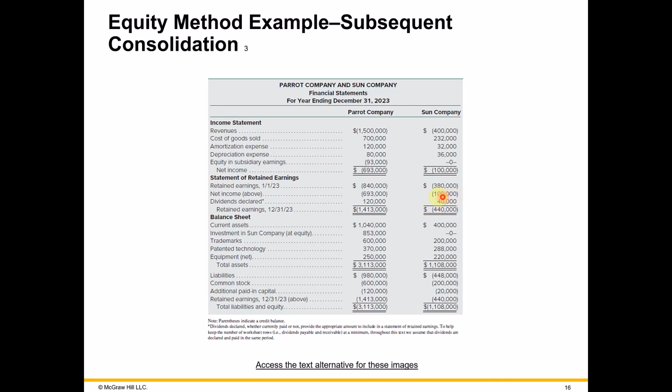The income here is going to be accounted for when we add up the revenue and expenses of the sub. If you don't zero out this 100,000, you'll be duplicating the profit up here when we add it across to the consolidated column.